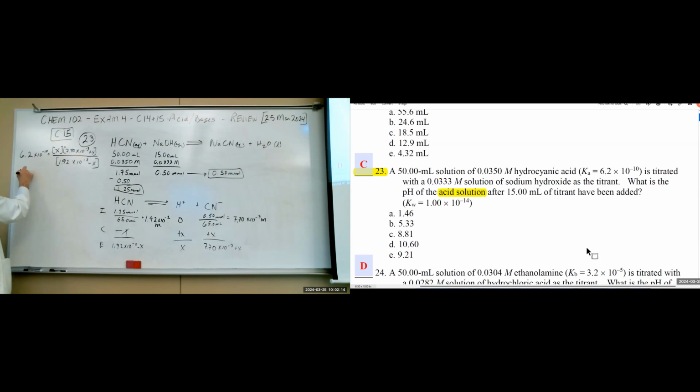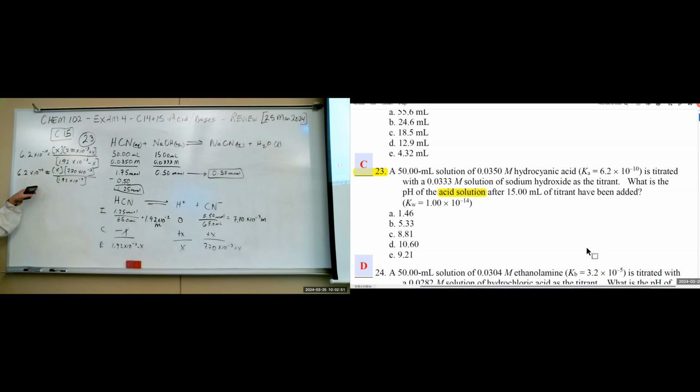And this would be 6.2 times 10 to the minus 10. Now you can use the quadratic if you want to. I have no objections. And this is approximately 7.70 times 10 to the minus 3 divided by 1.92 times 10 to the minus 2, like that. And then solve for x. The worked problem uses the quadratic equation, which is perfectly all right, but I'm trying successive approximations.